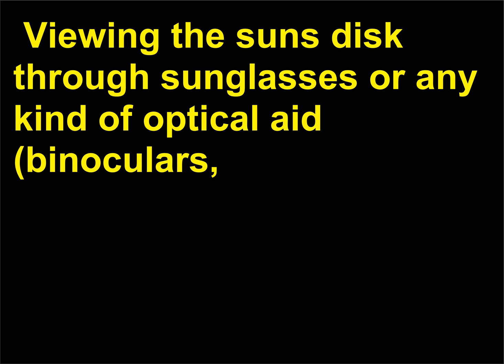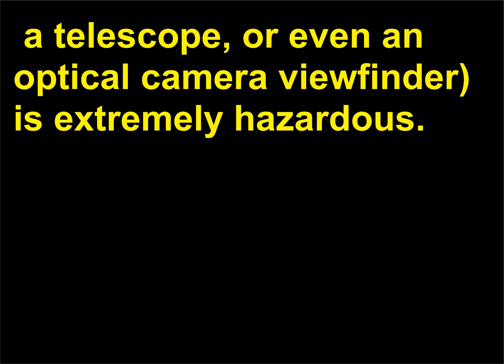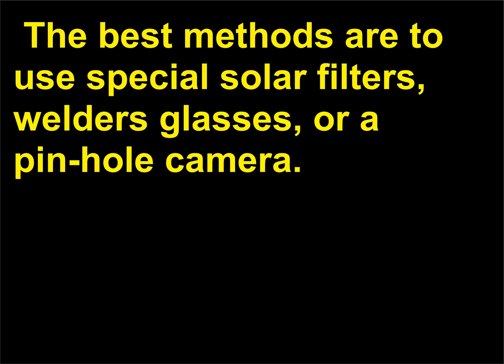Viewing the sun's disk through sunglasses or any kind of optical aid, binoculars, a telescope, or even an optical camera viewfinder, is extremely hazardous. The best methods are to use special solar filters, welder's glasses, or a pinhole camera.